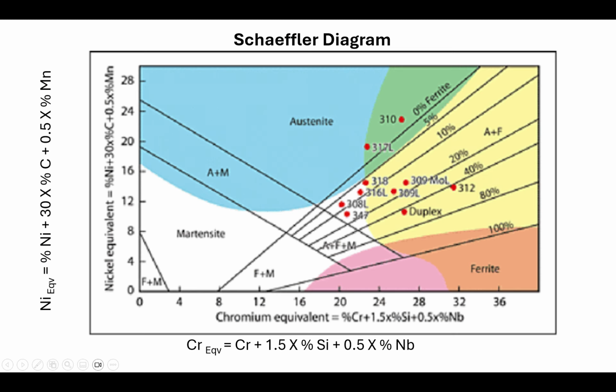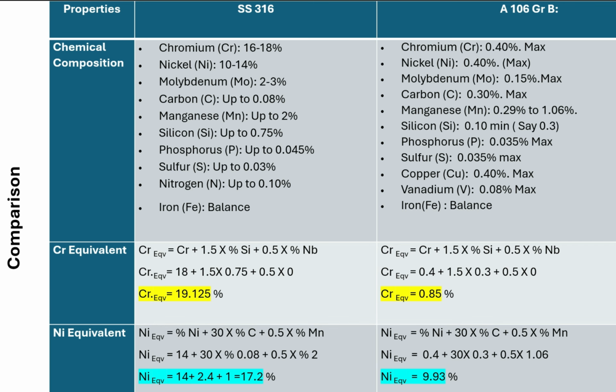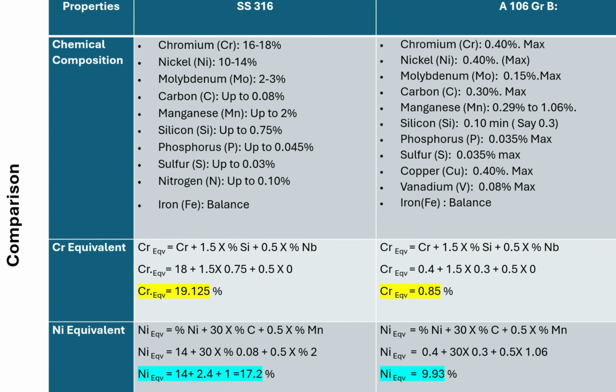Now, if you calculate the nickel equivalent and chromium equivalent of SS316, it will come here. SS316 has chromium 16 to 18%, nickel 10 to 14%, and molybdenum 2 to 3%.